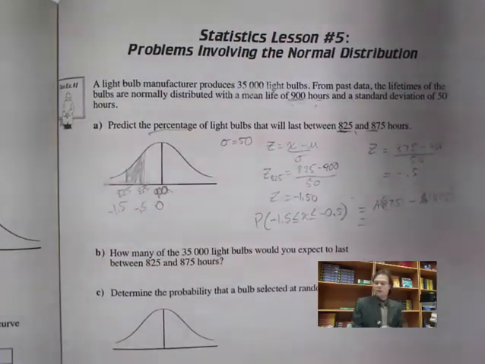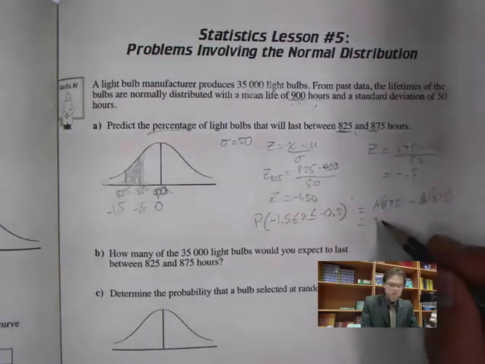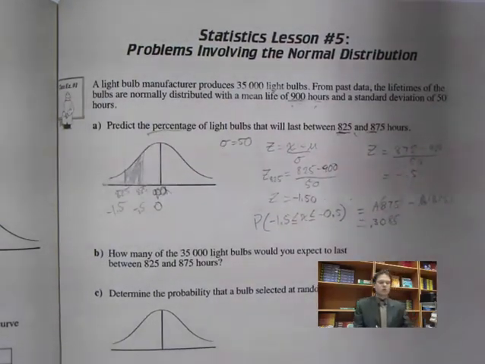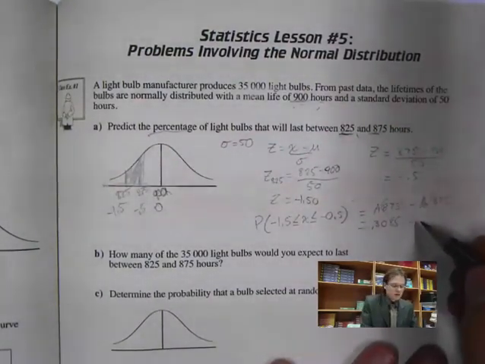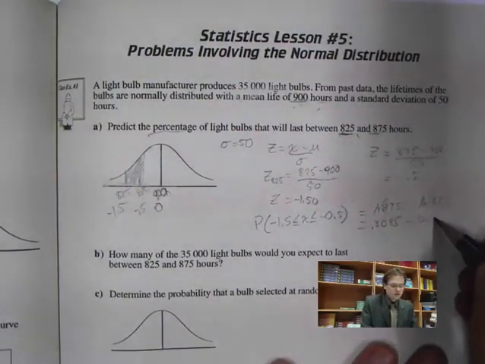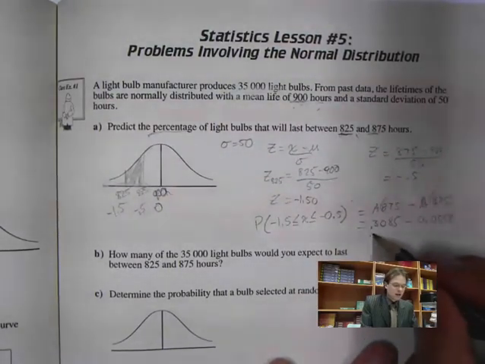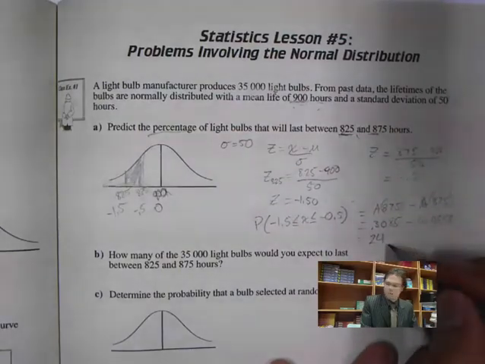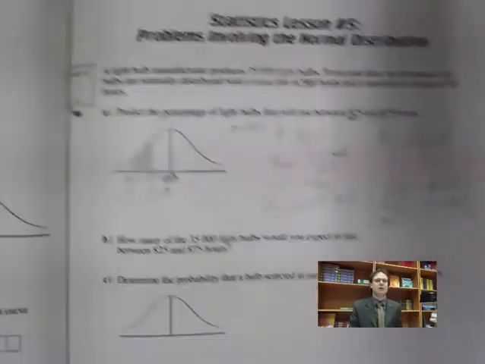Now I get my area for this is 0.3085. Remember, we just looked in the table in the book. We subtract 0.0668, and altogether I get 0.2417, so 24.17% will be in there.